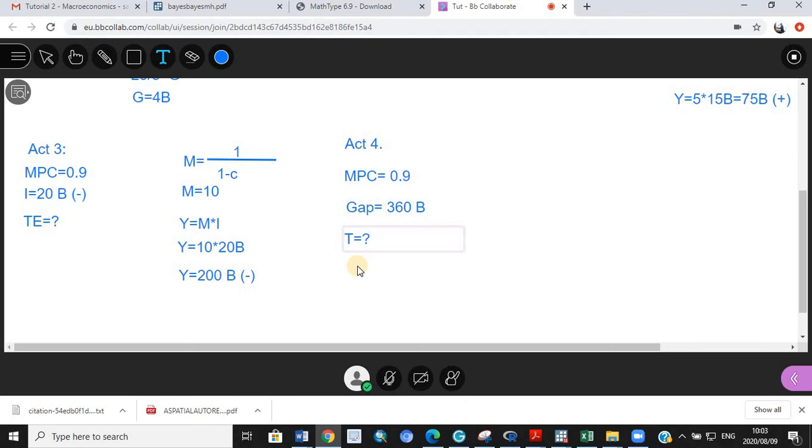Again, here we have the multiplier. Since we are talking about tax, I'm going to write a division line.